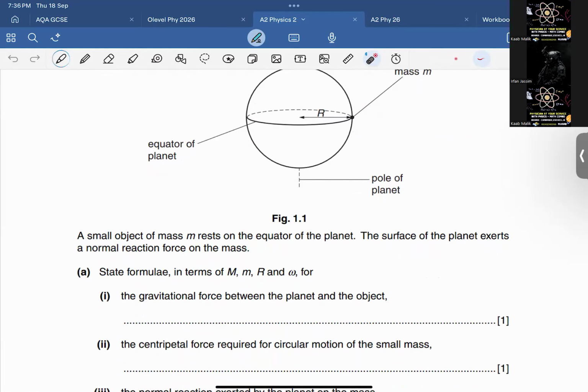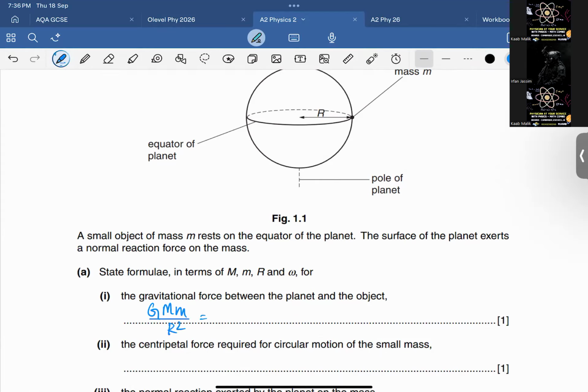State formulae in terms of M, small m, r, and omega for the gravitational force between the planet and the object. So you can say that it is GMm over R squared, right?